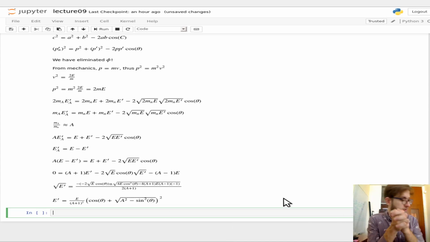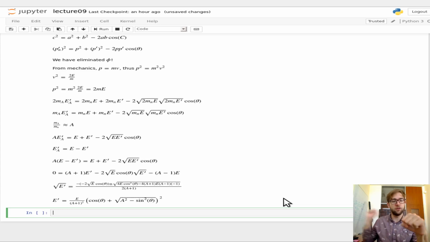Now there's a couple of interesting limiting cases for this. There's a case where theta equals 0, a case where theta equals pi over 2, and the case where theta equals pi. So theta equals 0 is this glancing blow. The neutron just goes directly past it.